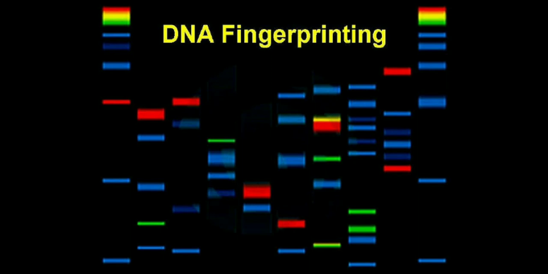The nucleotides could be of four types: adenosine, guanosine, thymine, and cytosine.